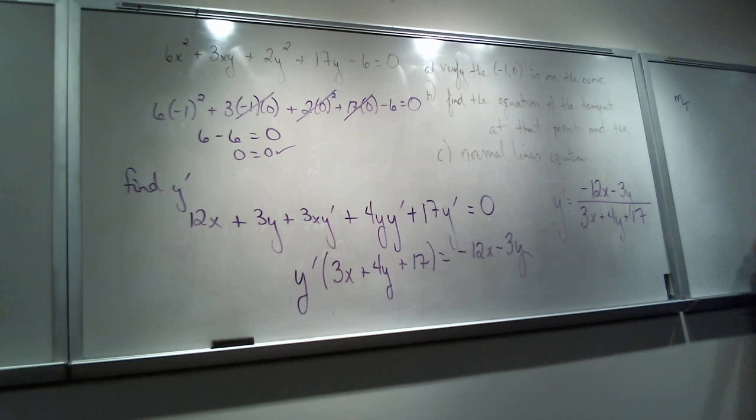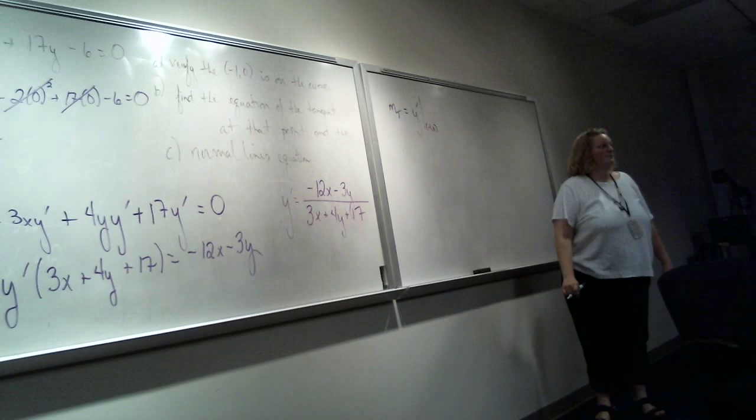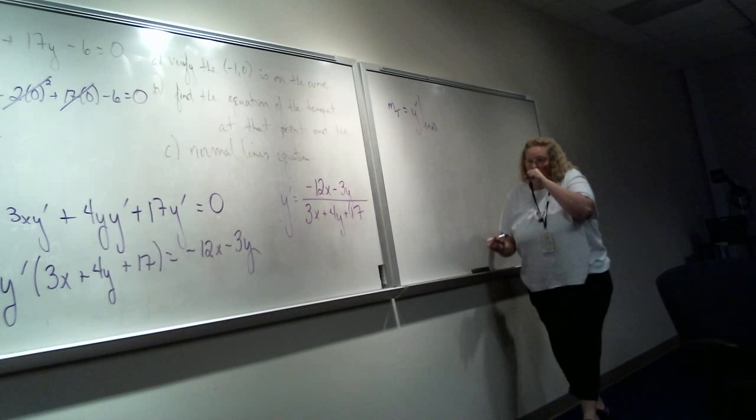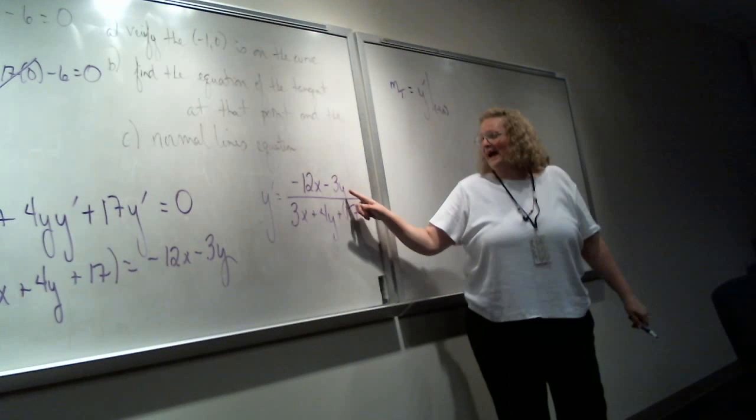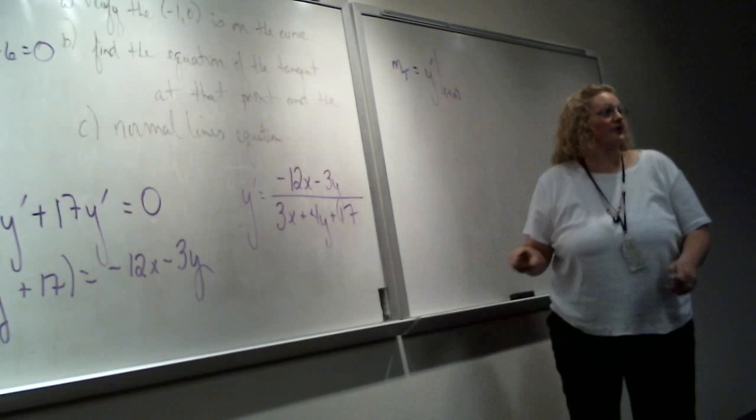They will always use a capital T for tangent. Is equal to the derivative evaluated at the given point. Okay? Notice that you need both the x coordinate and the y coordinate in order to do this.